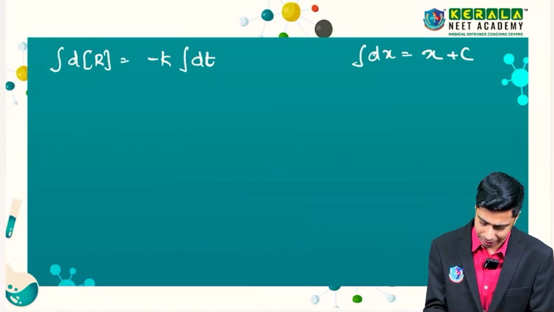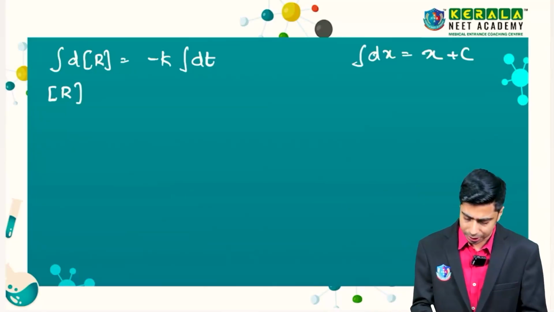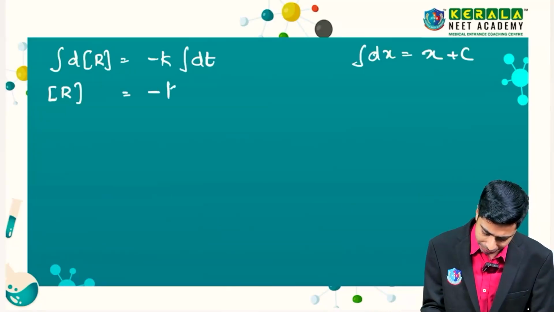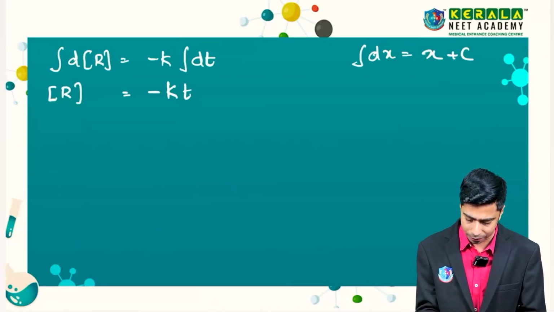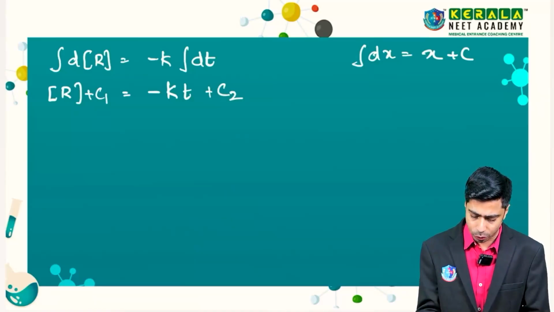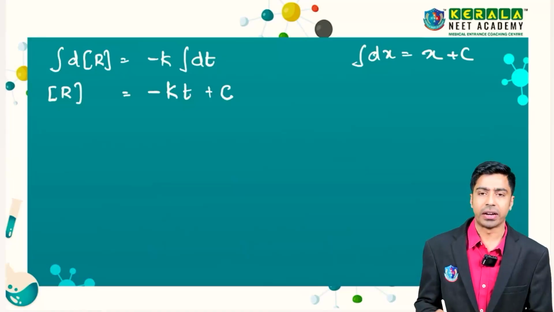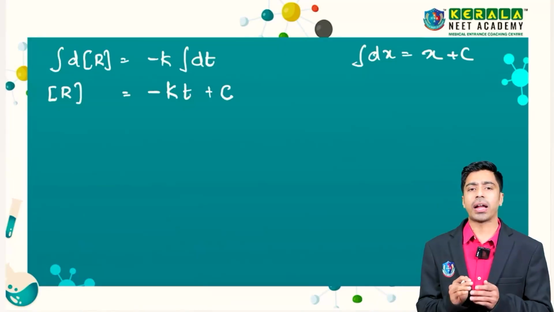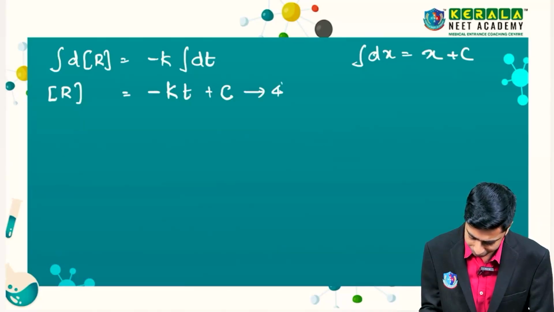So integral dR will be equal to the concentration of R plus a constant, and that is equal to minus K into t plus another constant. Here you have a constant C1 and here a constant C2, but we'll write both constants together as a constant C. So we got R equal to minus Kt plus C. Let me call this equation 4.